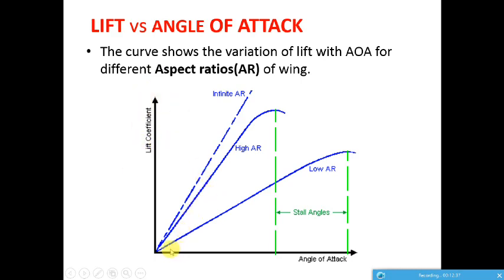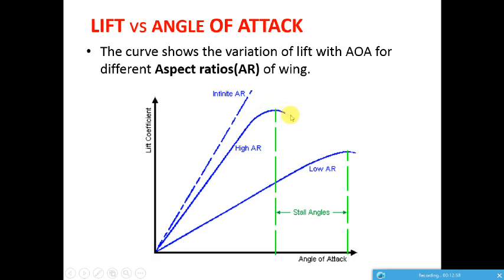As you can see, when you increase the angle of attack, the lift coefficient increases until this peak, and later it decreases suddenly.